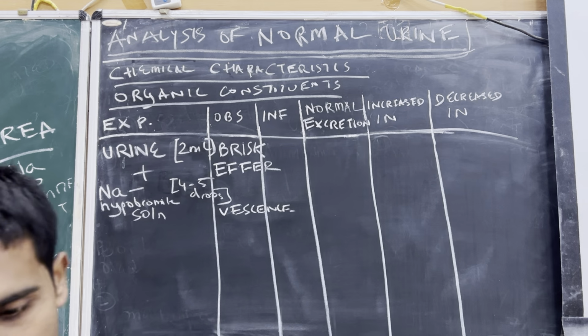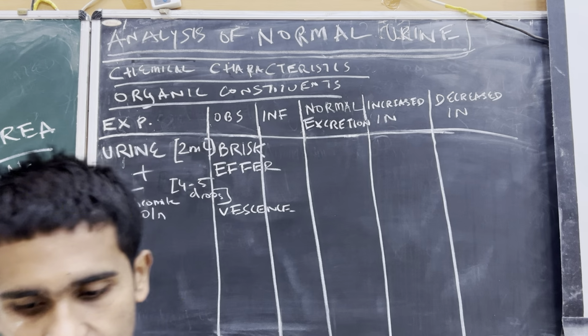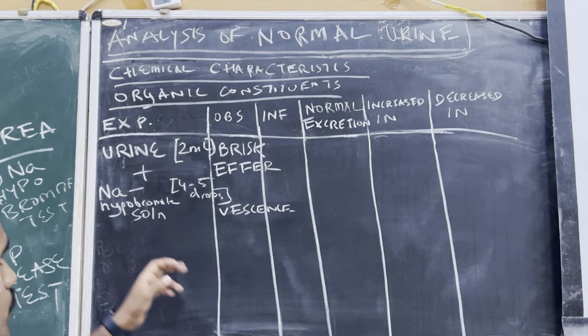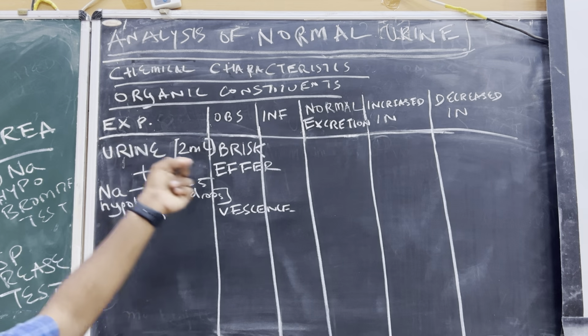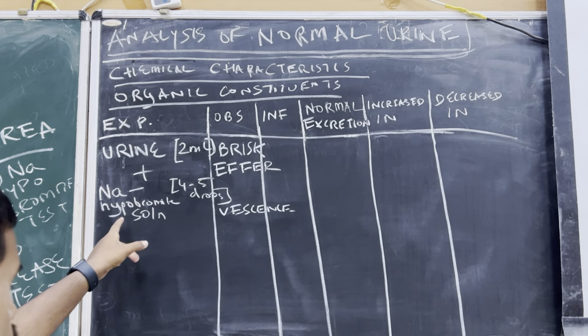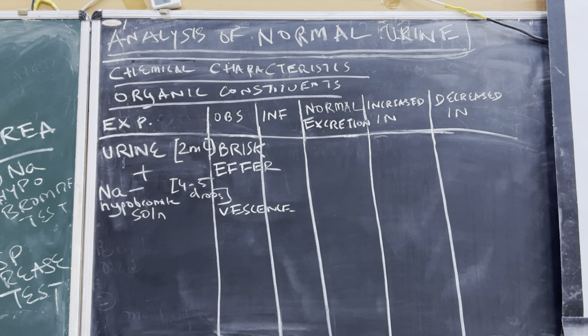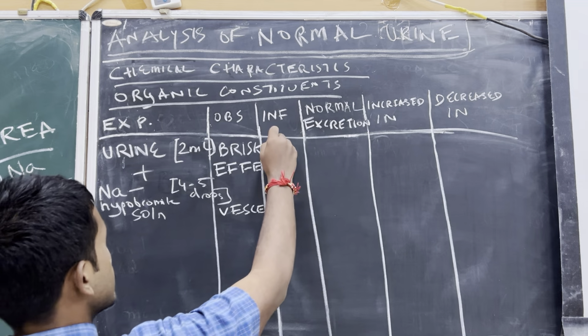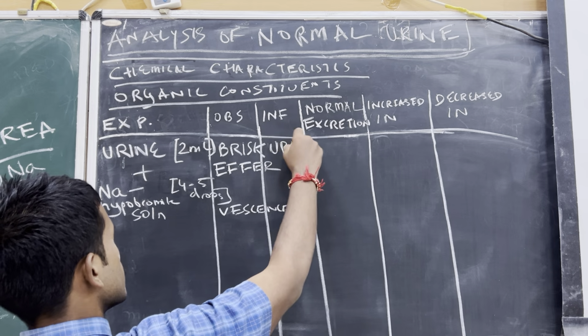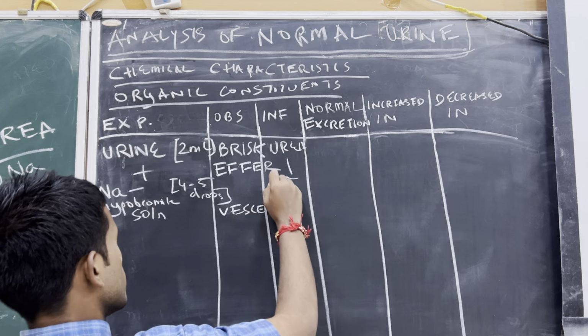What is happening is that when the urea inside the urine sample is treated with sodium hypobromide, it decomposes to give nitrogen. So the inference is obvious: urea is present in normal urine.